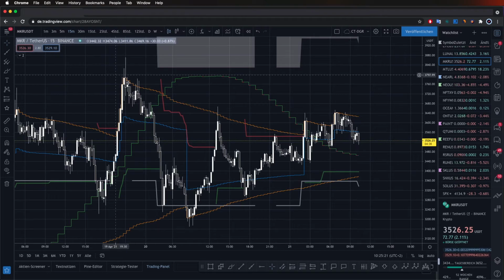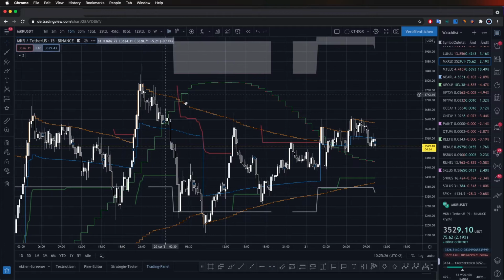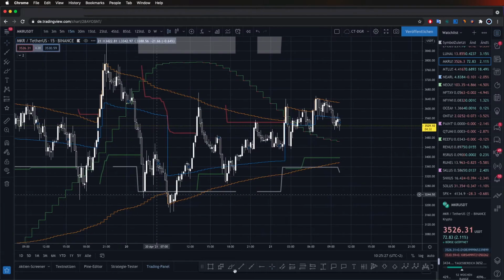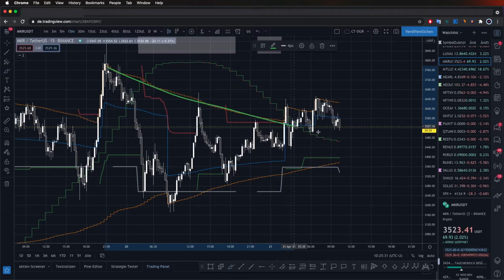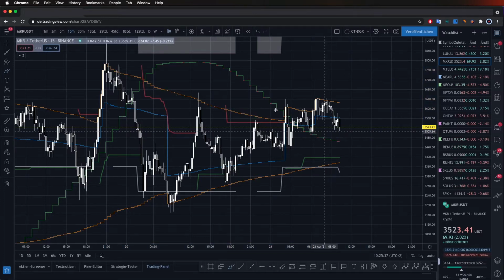And also, if you see this old 15 minutes line from here, it came down like this. We are also having this line as a kind of support, as well as the DGR, which will now more or less do a move like this. This looks nice. This looks like it could be a potential trade.